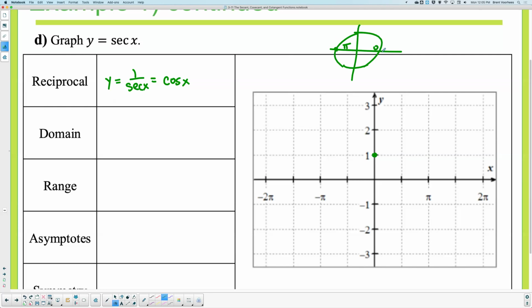So if we start at 0 at its maximum, its minimum is at pi. So go to -1 at pi. When will it get back to its maximum? 2 pi. Go to 2 pi. Go back to the maximum. Let's connect these with the dotted dashed line to represent the cosine wave. And this will help us graph its reciprocal.